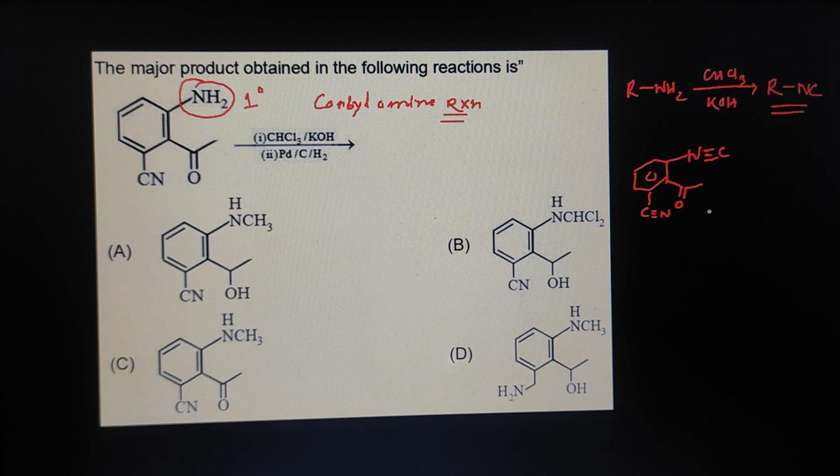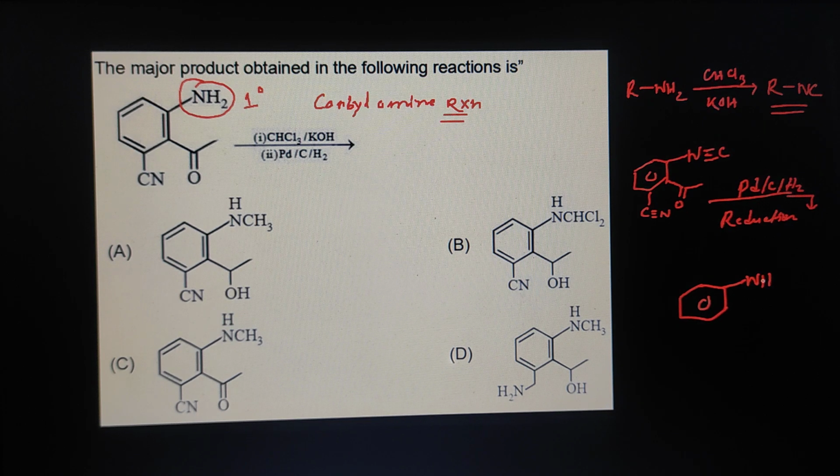Okay, and the next step is Pd/H2. That means it is a reduction process. This is nothing but reduction. So in this reduction process, these groups are reduced. The isocyanide is converted to a secondary amine.